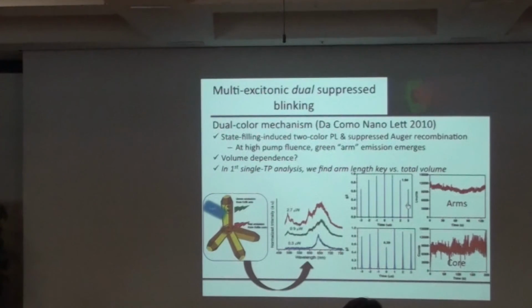We explored that for the first time at the level of a single tetrapod. What I show here is the onset of the second emission, the green color of emission, as a function of pump power.